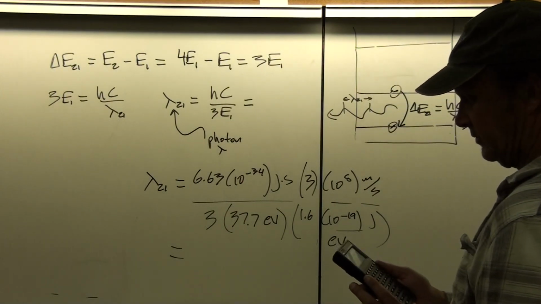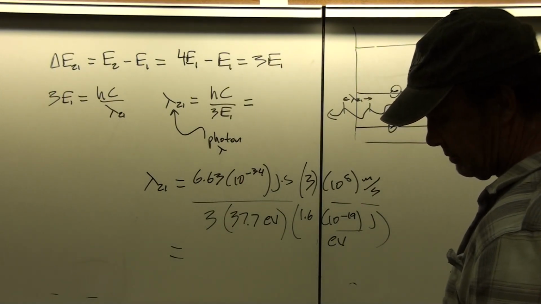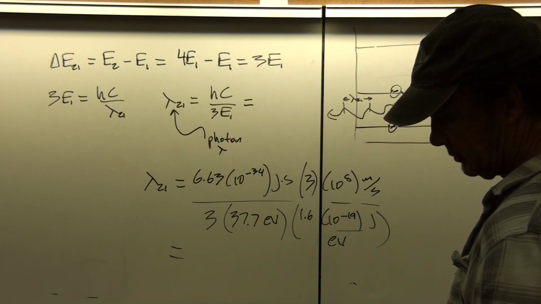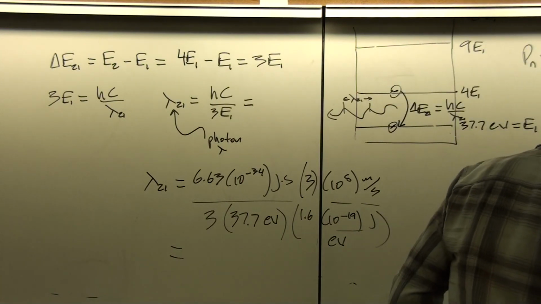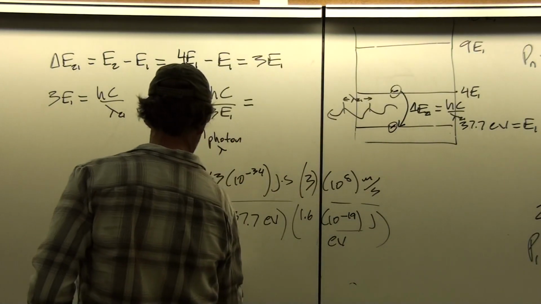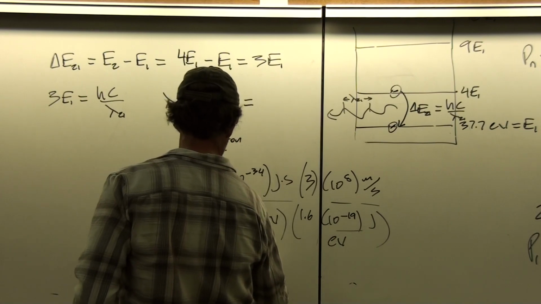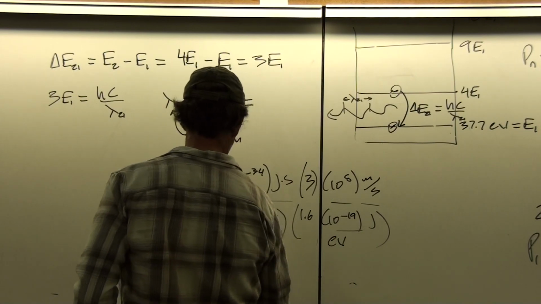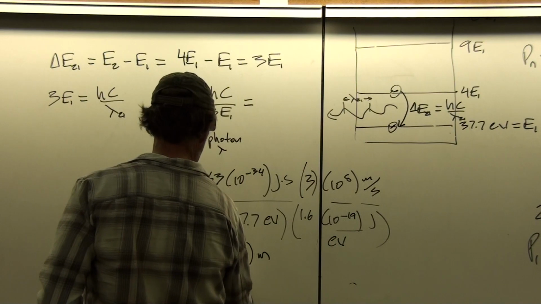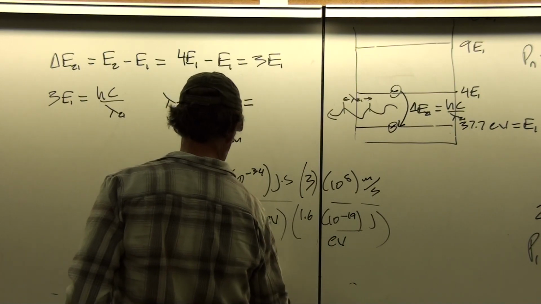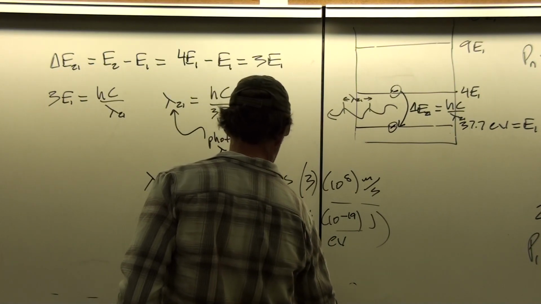So that is 1.09 times 10 to the minus 6 meters, or 1090 nanometers, an infrared photon.